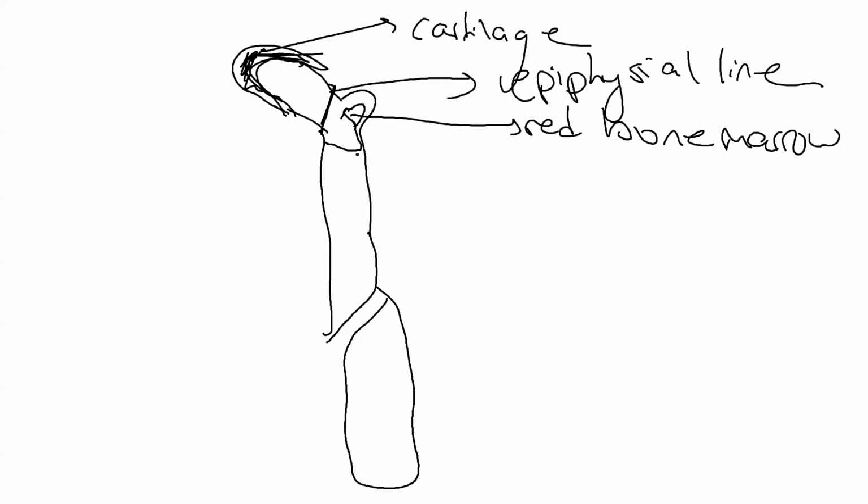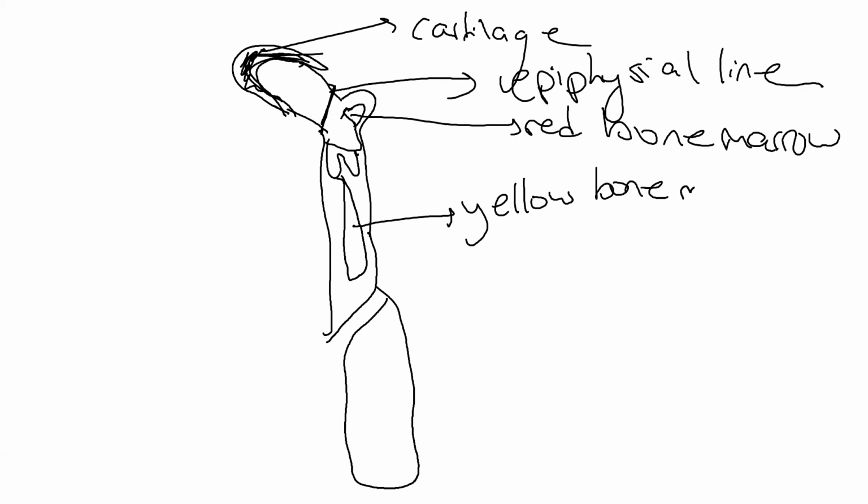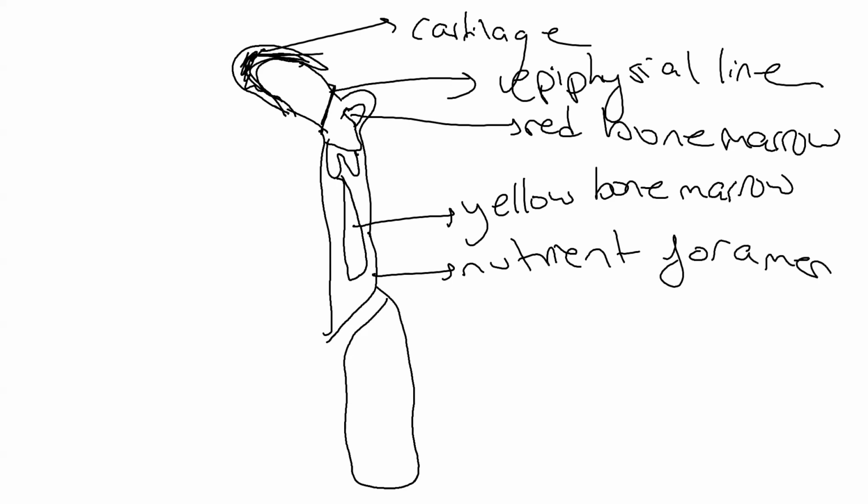And here we're going to have the yellow bone marrow. Here we will have the nutrient foramen. And here is the periosteum.